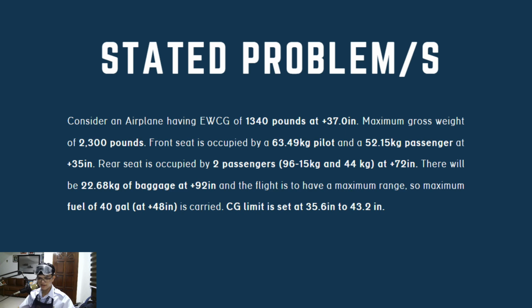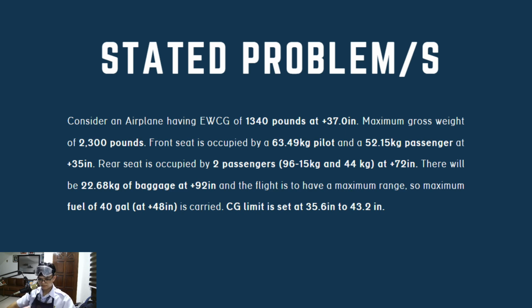The rear seat is occupied by two passengers, 96.15 kilograms and 44 kilograms at positive 72 inches. There will be 22.68 kilograms of baggage at positive 92 inches, and the flight is to have a maximum range, so maximum fuel of 40 gallons at positive 48 inches is carried. CG limit is set at 35.6 inches to 43.2 inches.